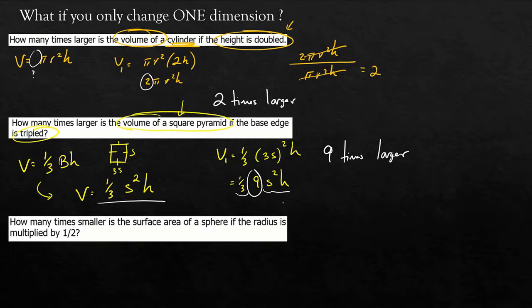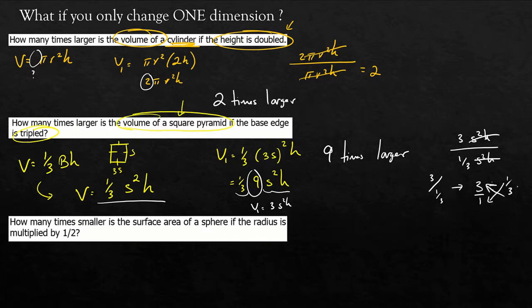We have 9 s squared times height over 1/3 s squared height. These cancel, so now we're looking at 9 divided by 1/3... that's technically over 1. That goes to the top, that goes to the bottom, and we still get 9, or 9 over 1, or just 9, right?